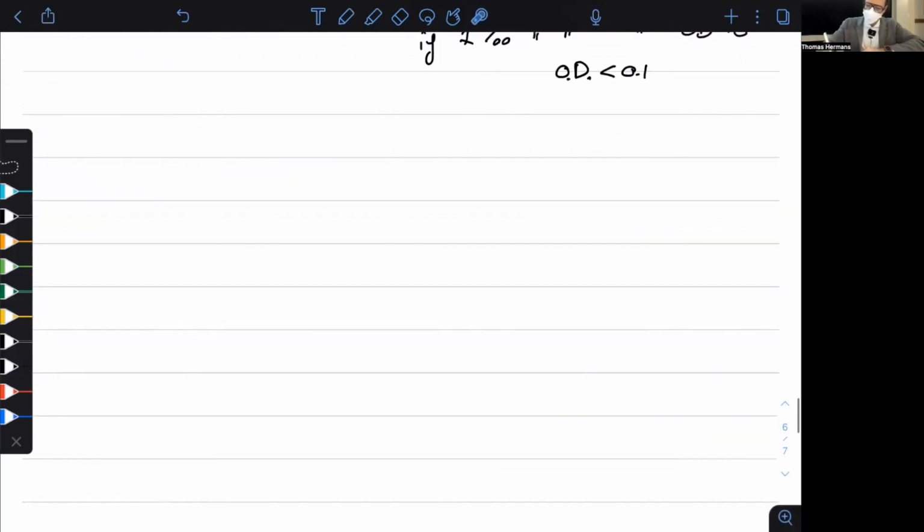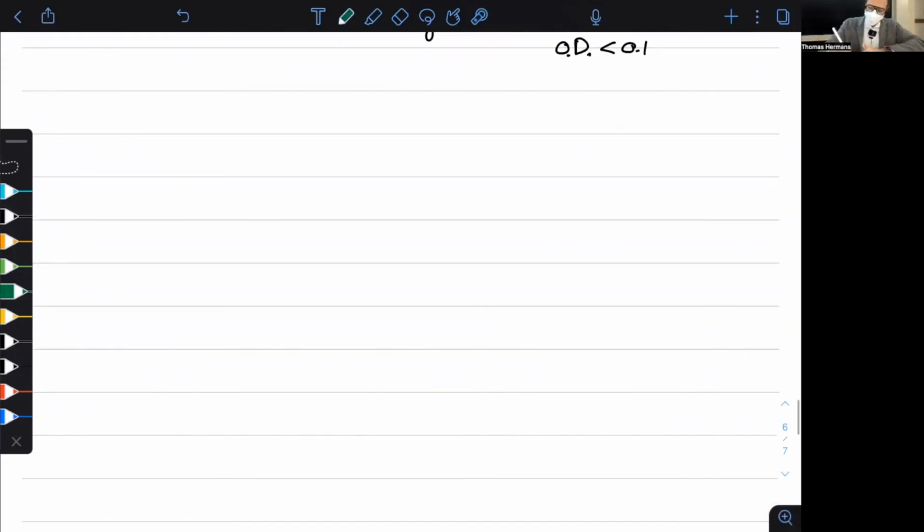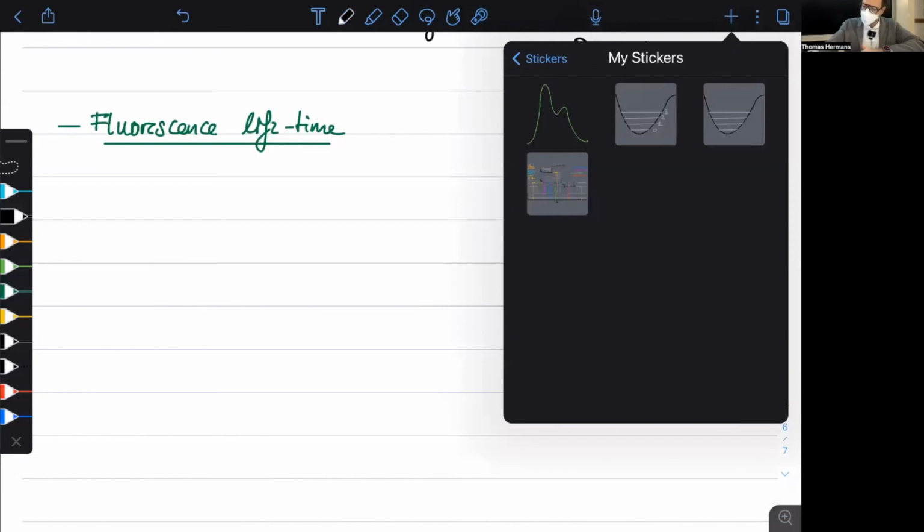Okay, in the last few minutes, so far we only looked at static things. We're going to look at fluorescence lifetime. Okay. So let's remind, I didn't have my little cheat thing, but okay.